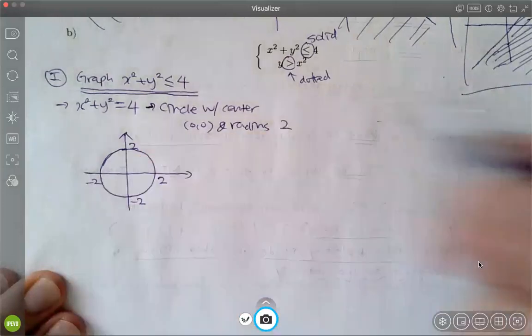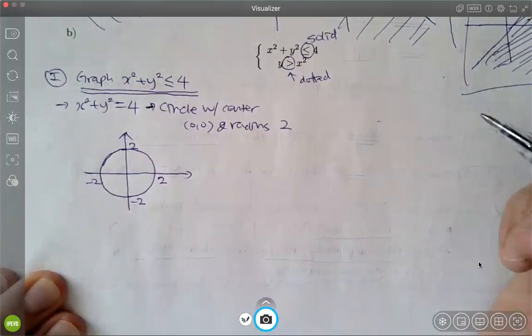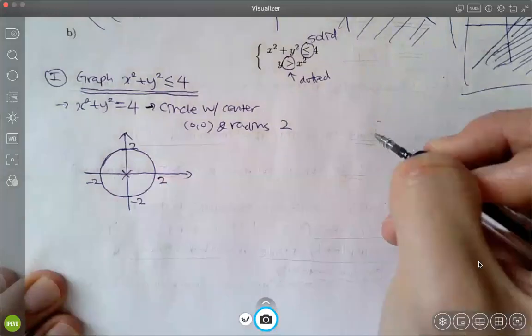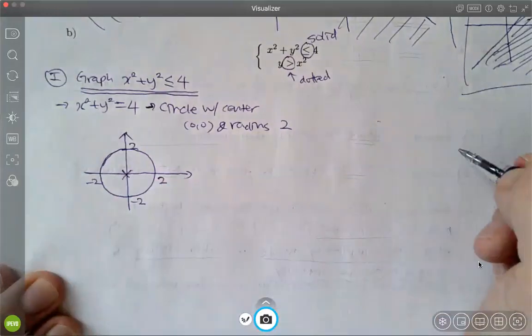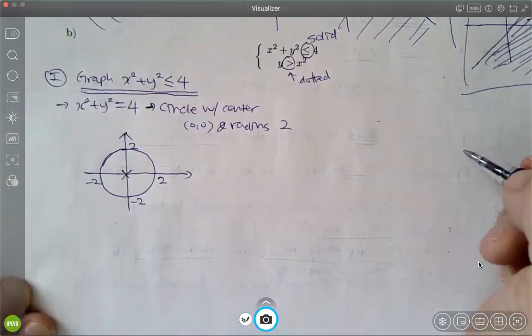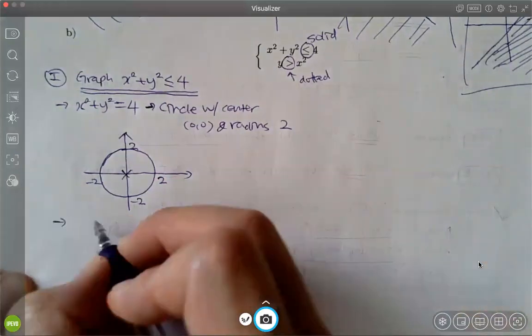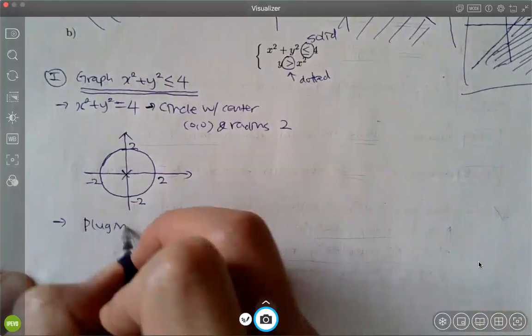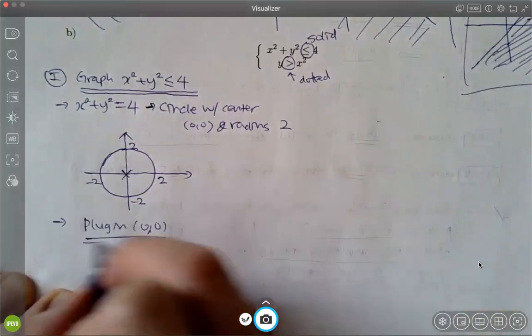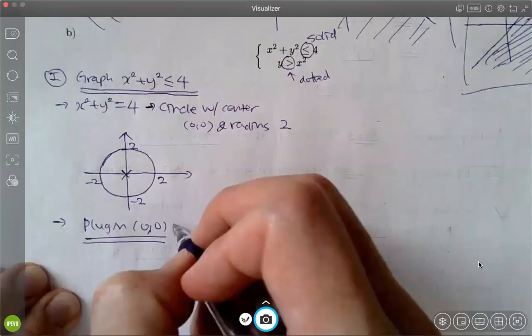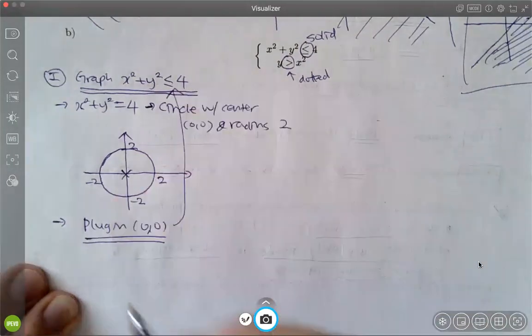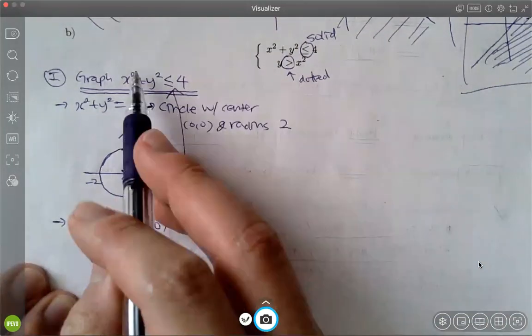Okay, and where is (0, 0)? It's inside the circle, right? In other words, it's not on the boundary. So we can use (0, 0) as the test point, right? Okay, so plug in (0, 0) into the inequality. So what do you get? 0 squared plus 0 squared, and what is that?